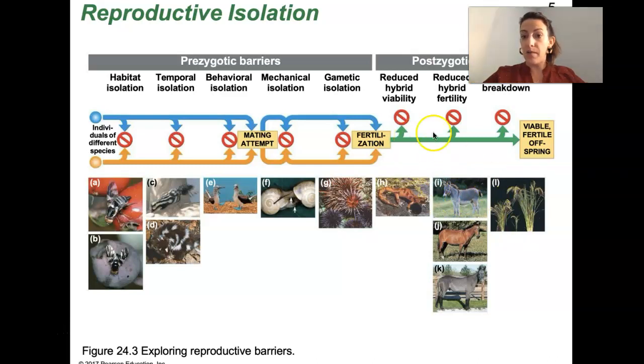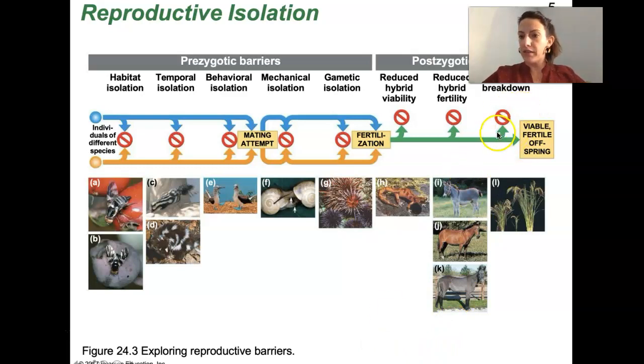So maybe the hybrid isn't viable. Maybe that zygote doesn't make it and is not actually born. There's examples where the hybrid is infertile, and that's really famous in the horse and donkey example, that when a horse and a donkey create a hybrid offspring, it's called a mule, and they are not fertile.